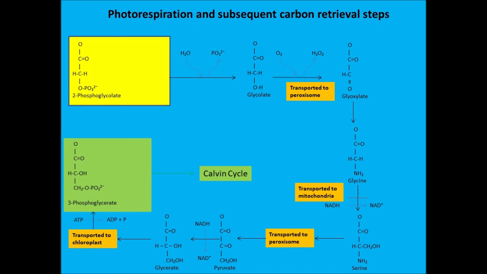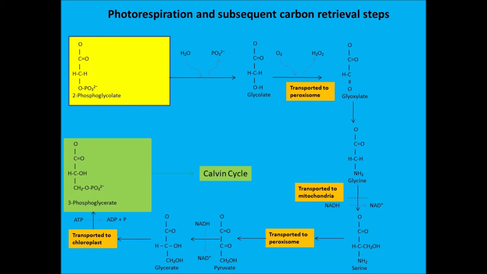The glyoxylate is then converted into glycine before being transported to the mitochondria, where it is converted to serine. The serine then enters the peroxisome and is converted to a pyruvate, and then finally a glycerate before being transported to the chloroplast, where it is converted into the usable 3-phosphoglycerate by the addition of ATP. The 3-phosphoglycerate can now be used in the Calvin cycle to continue the process of production of glyceraldehyde 3-phosphate for glucose production and regeneration of the ribulose 1,5-bisphosphate, which continues the Calvin cycle.